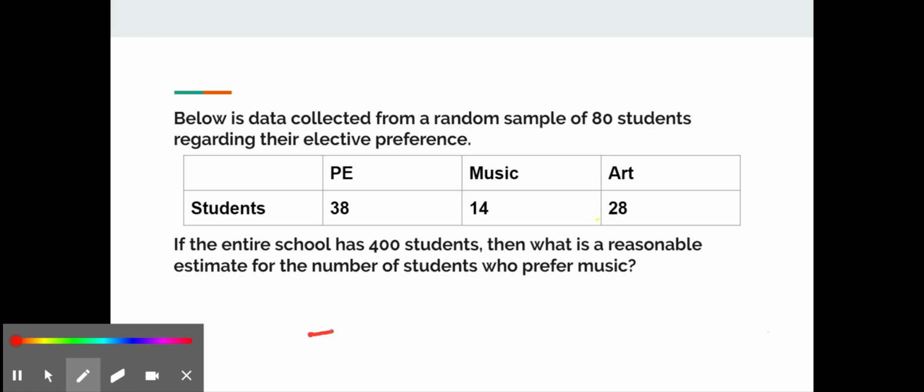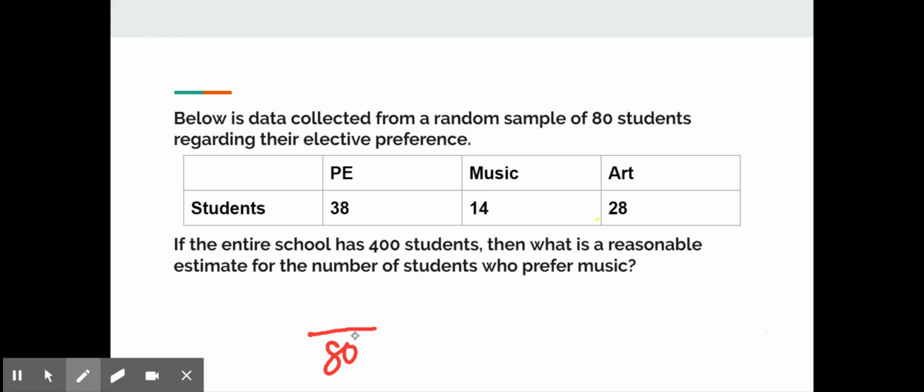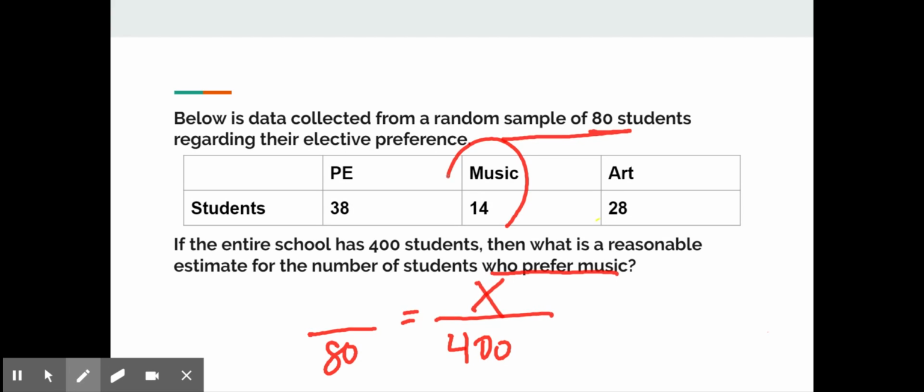We know our sample is out of 80 students, and we know that our population is out of 400 students. We are trying to find out how many in the population based on our sample. The question is, who prefer music? In the table, we see that music has 14, so we're going to do 14 out of 80.